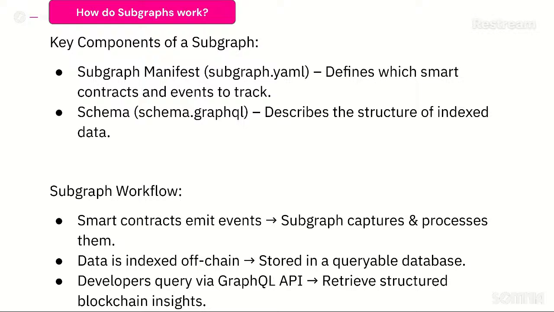So that way you can use a simple API to retrieve data from the subgraph without having to use read operations. Just imagine a situation where you have one contract deployed and you want to read through the entire events that have been emitted through that contract.